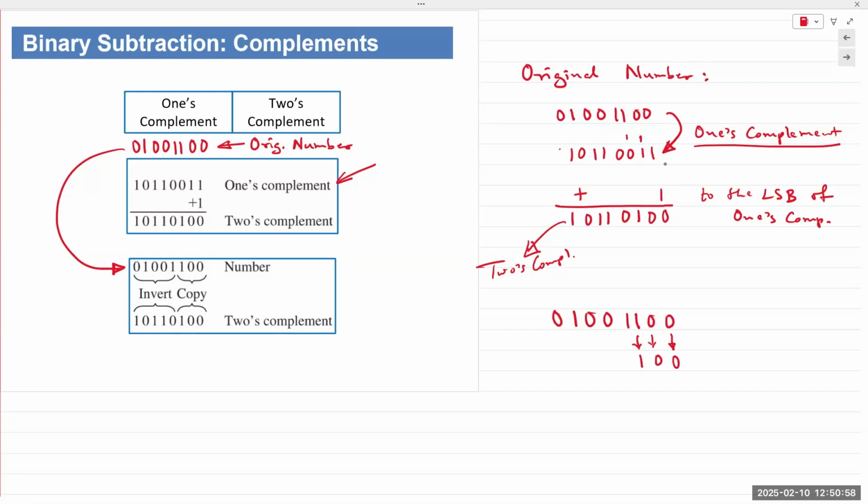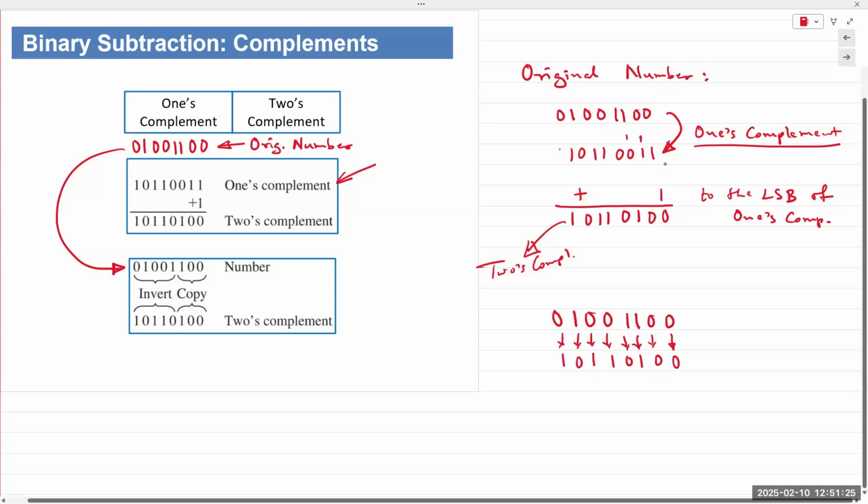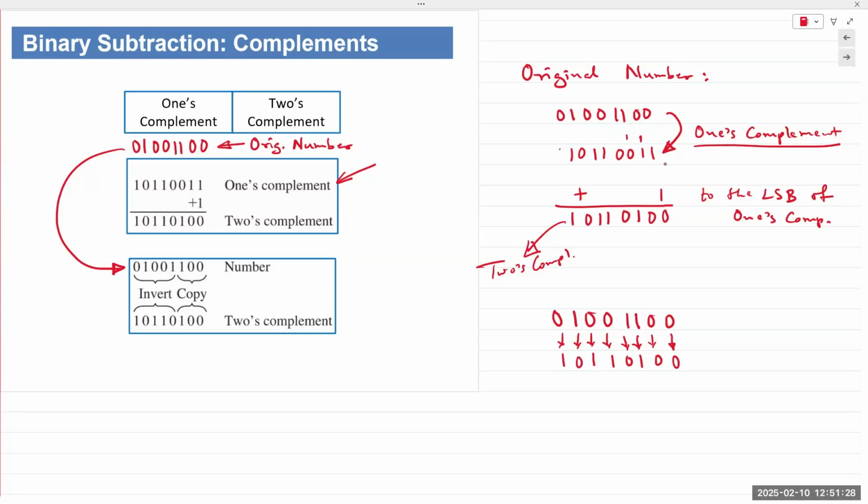Then I would copy the third one. You keep doing that until the first 1 is copied down. Once the first 1 is copied down, you copy the rest by flipping them. So 1 becomes 0, 0 becomes 1, and so on. That gives you the twos complement directly. And that is what is shown here. You copy the number directly, and then here you flip or invert, and that gives you the same answer.